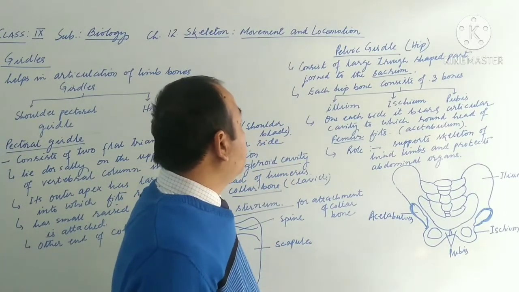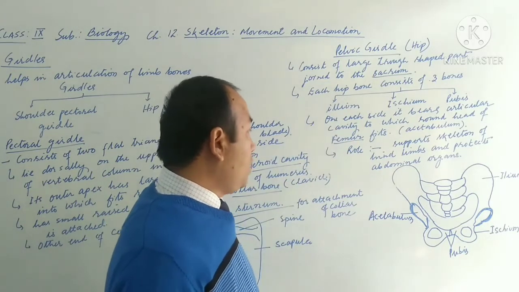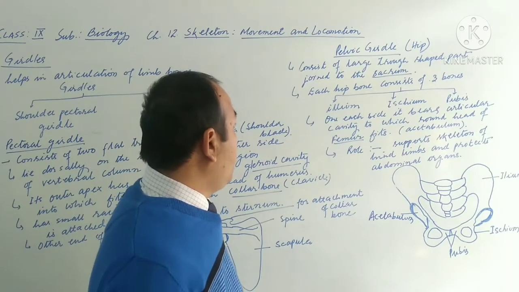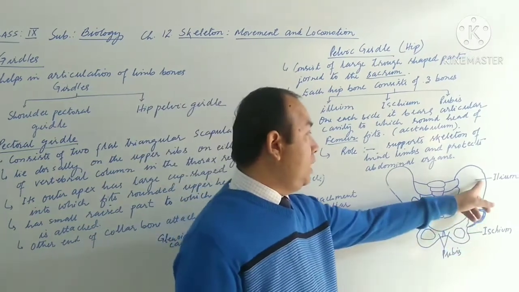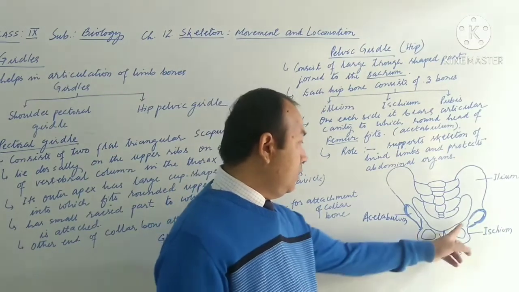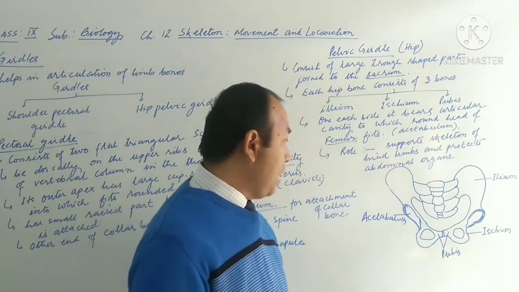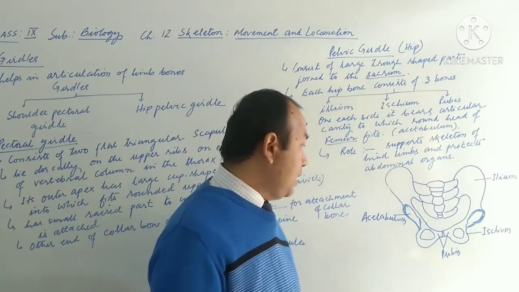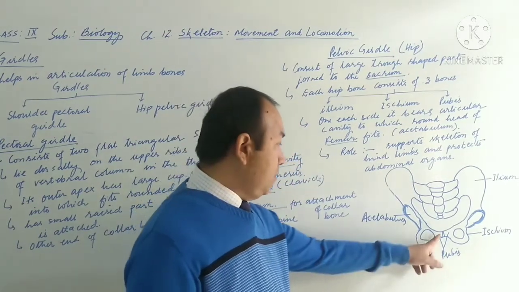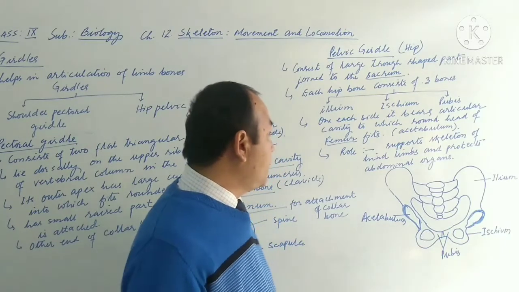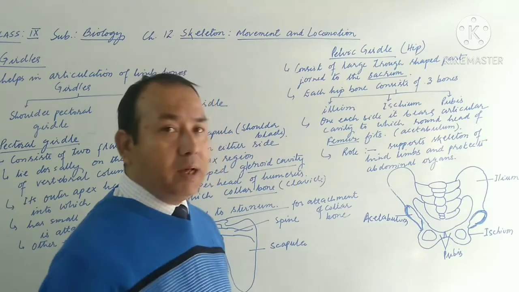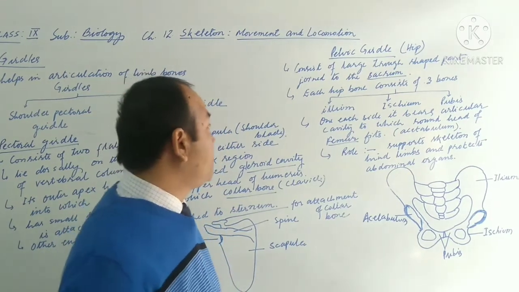Each hip consists of three bones, as labeled in the figure: ilium, ischium, and pubis. This broad upper part is the ilium. Then the lower U-shaped part with a cavity is the ischium, and here in the pubic region is the pubis.